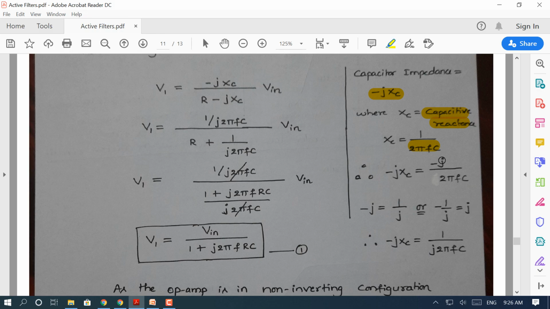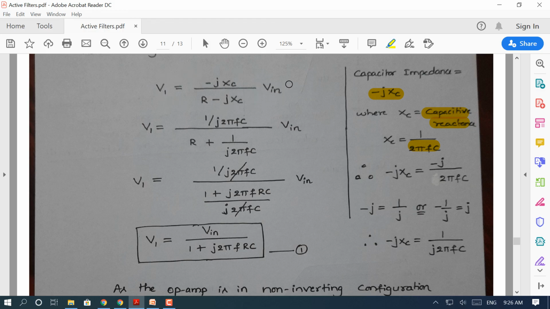Therefore, if you replace minus j as 1 by j, minus jXc becomes 1 divided by j 2 pi fC. We can substitute minus jXc equals 1 by j 2 pi fC in the V1 equation.